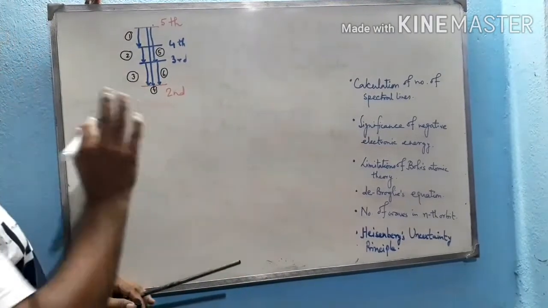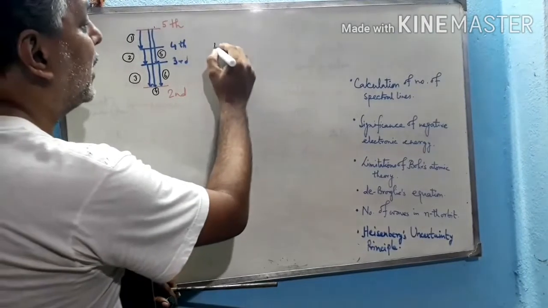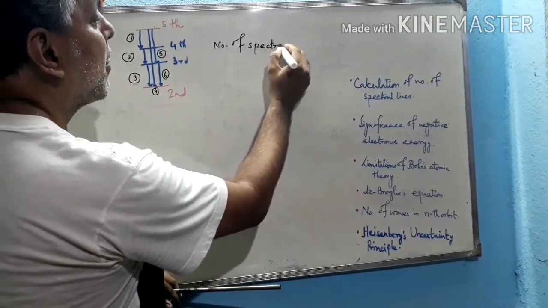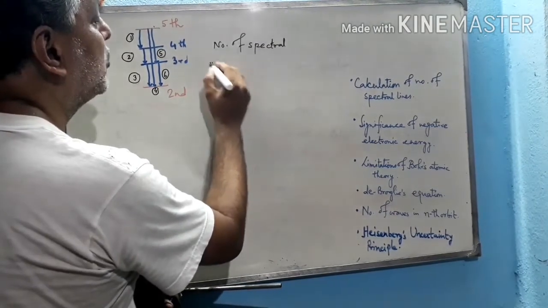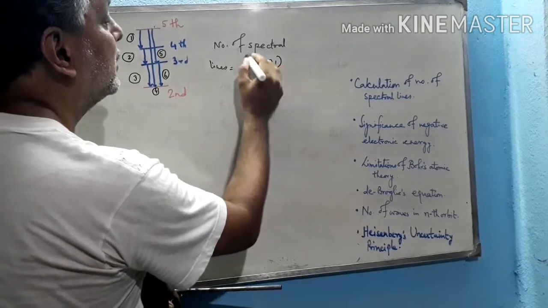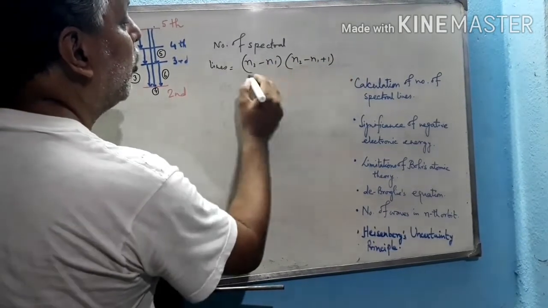But the number of spectral lines can be calculated easily by using this formula: (n2 minus n1) into (n2 minus n1 plus 1), whole divided by 2.